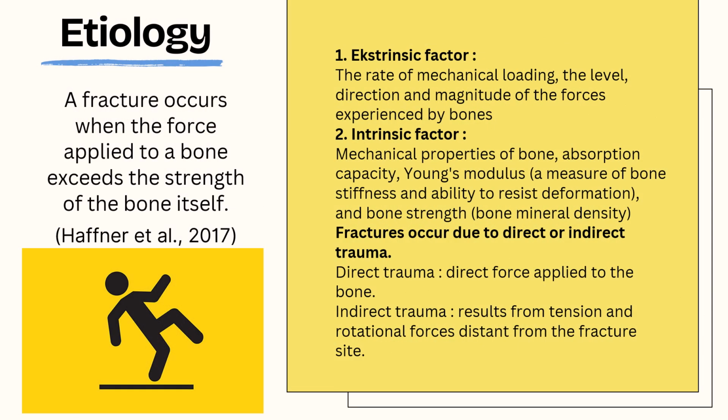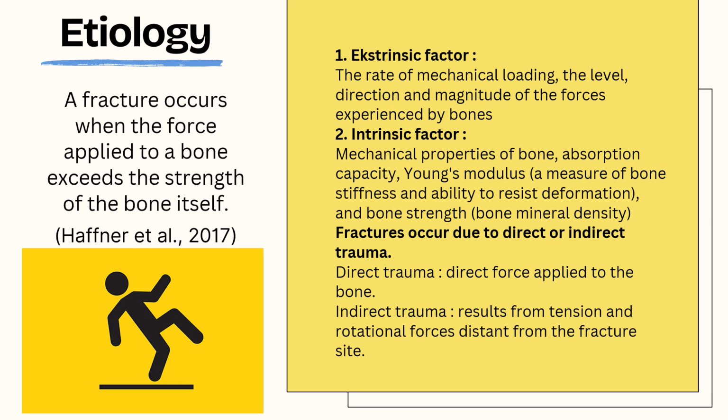For the etiology, a fracture occurs when the force applied to a bone exceeds the strength of the bone itself. So the factors can be divided into two: extrinsic factor and intrinsic factor. For the extrinsic factor, the rate of mechanical loading, the level, direction and magnitude of the force experienced by bone.